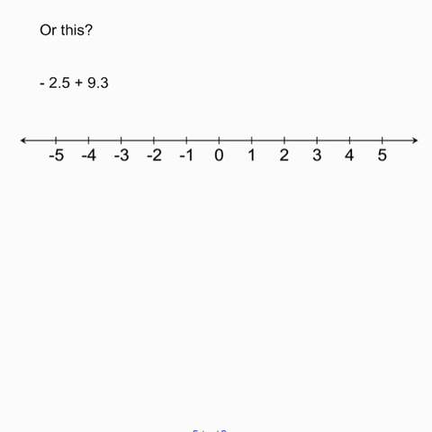The same idea applies here. If I have -2.5 plus 9.3, I don't have to do it exactly on the number line, just conceptually. I know I'm going to start at -2.5, and I'm going in the positive direction, by 9.3. You go 2.5 to get to zero, and you haven't gone 9.3, so I have to go more in this direction.